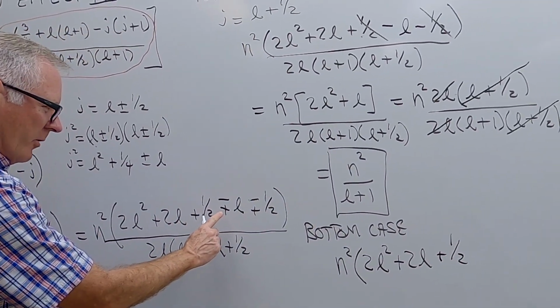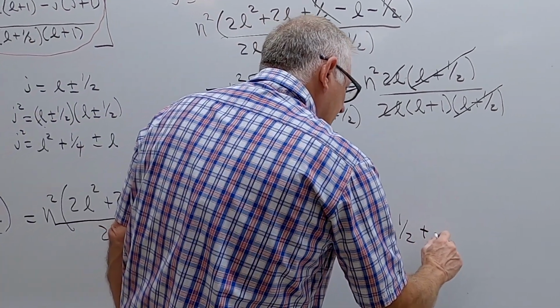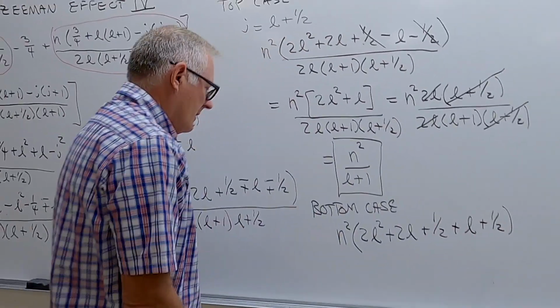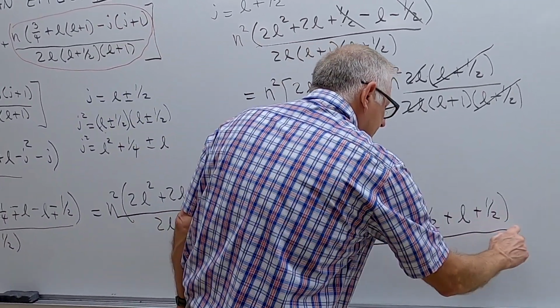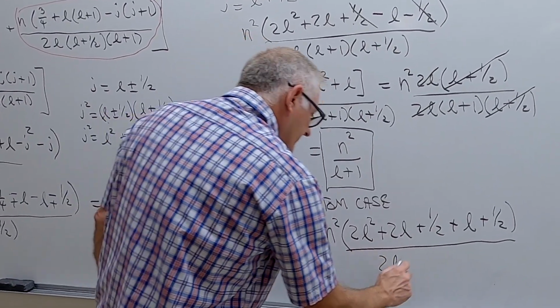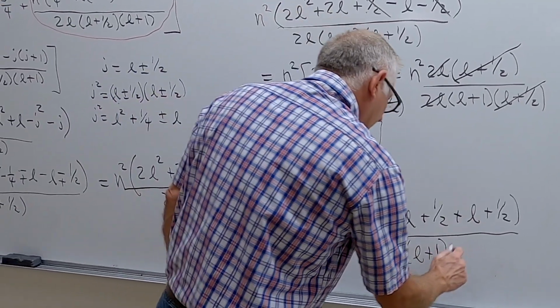Now we're using the bottom one, so it's plus L plus a half, all over the bottom, 2L, L plus 1, L plus a half.